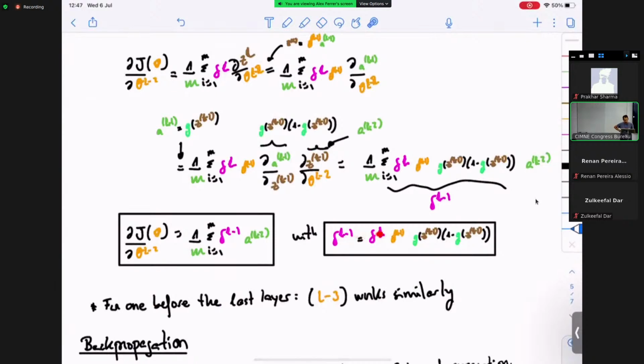Instead of having L minus 1 and L, you have L minus 2 and L minus 1, an index less. Okay, you can do it by induction. So the thing is, you have a rule of multiplications, just of vectors, to compute the gradient of the cost, and what you have to compute is these deltas.